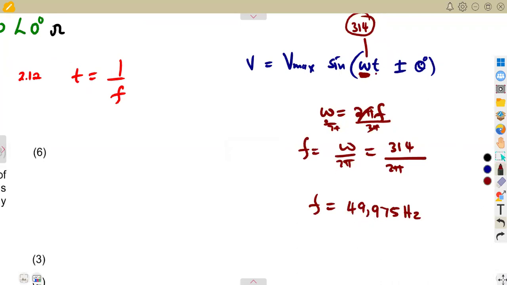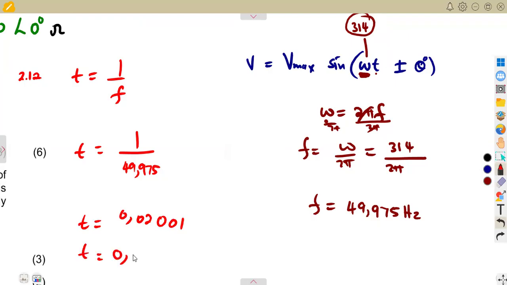All right. So we can take this now to find the time. So the time in seconds, which is 1 over the frequency, 1 over 49,975. That was going to give us something like 0,02001, something like that, which is something like 0,02 seconds. All right.